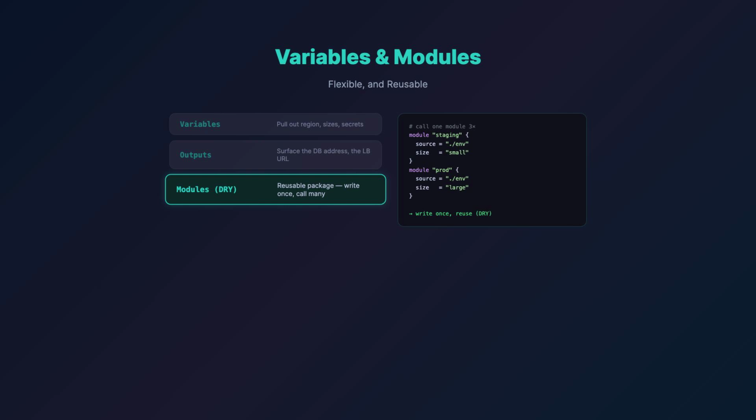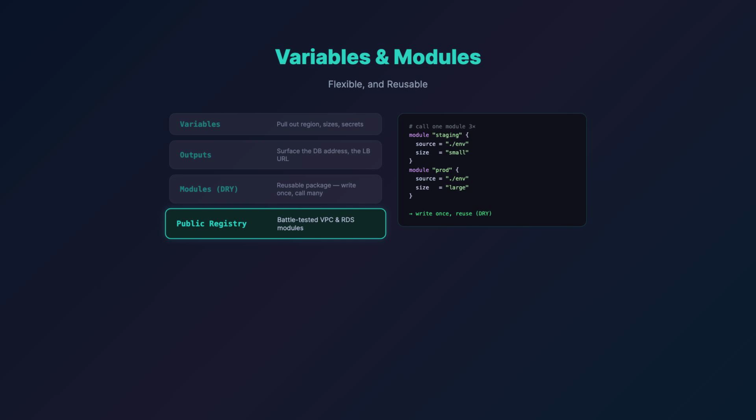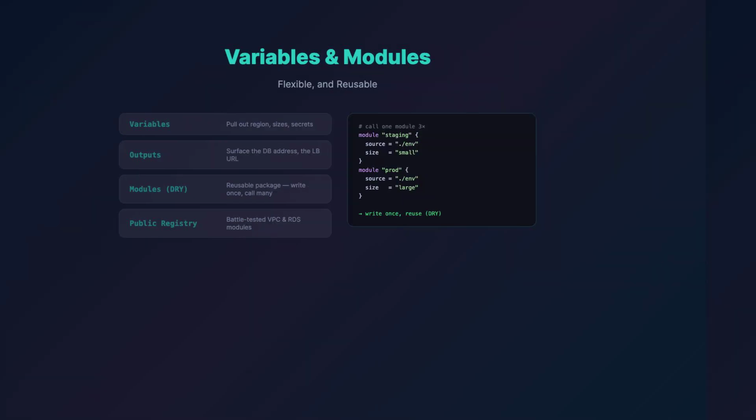Write it once, reuse it everywhere, stay DRY. There's a whole public registry of community modules too, a battle-tested VPC module, an RDS module, so you don't reinvent the wheel for common setups. Variables make your code flexible. Modules make it reusable.